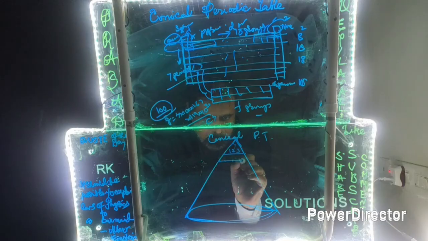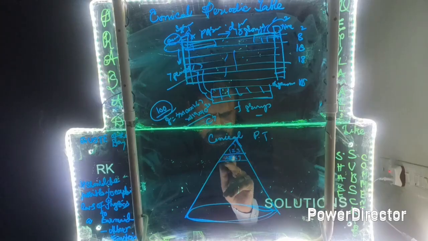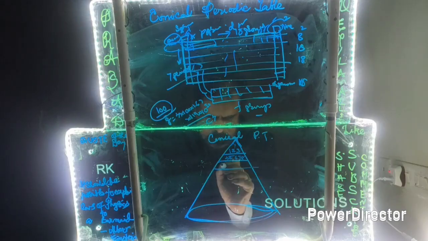The second period would be four, five, six, seven, eight. Third period should be like this, why, I'll explain in a while.